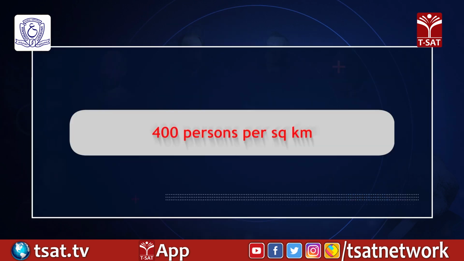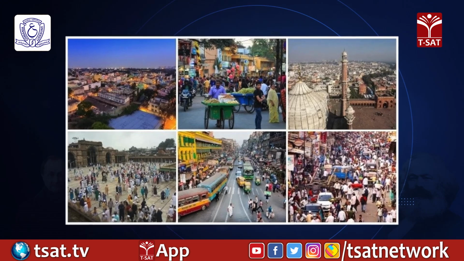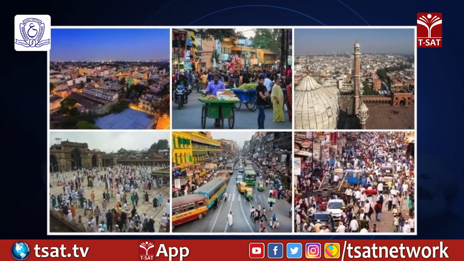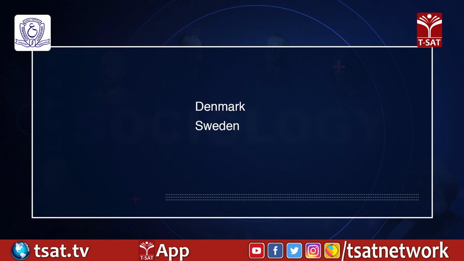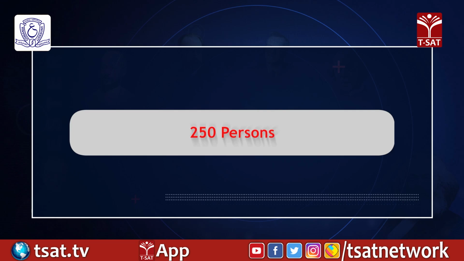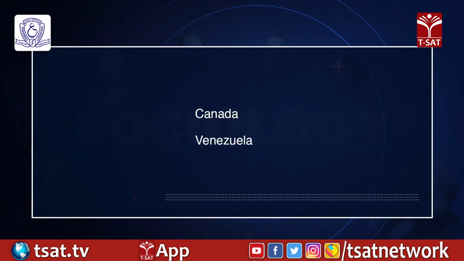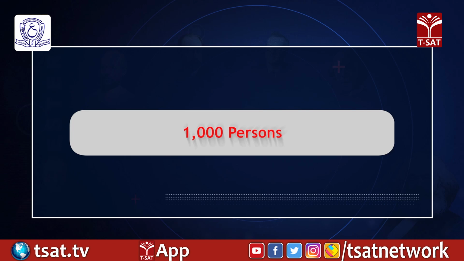Besides the size of population, density of 400 persons per square kilometer and share of non-agricultural workers are taken into consideration in India. In Denmark, Sweden and Finland, all places with a population size of 250 persons are called urban. The minimum population for a city is 300 in Iceland, whereas in Canada and Venezuela it is 1000 persons.